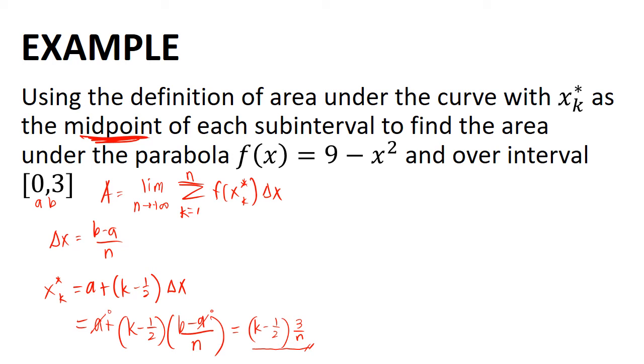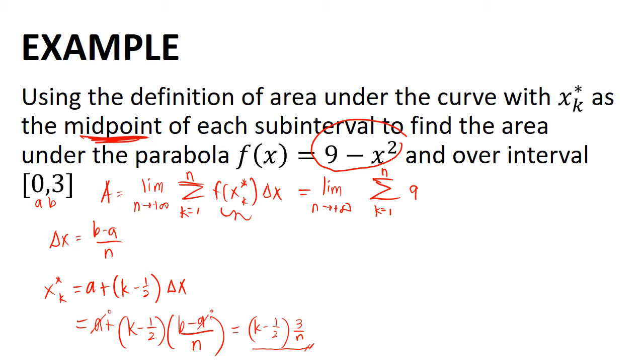Now, we get the area. The limit of the summation of k equals 1 to n, f of x star k, depending on the function which is 9 minus x squared.